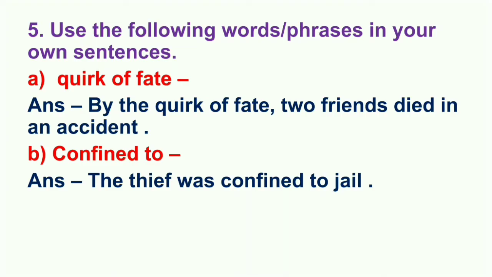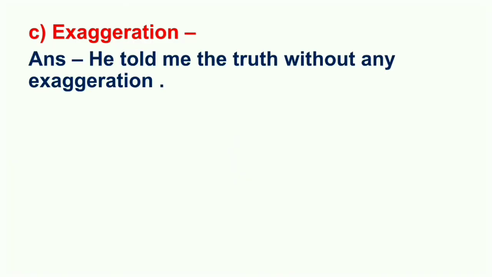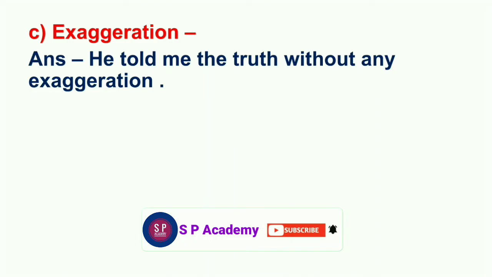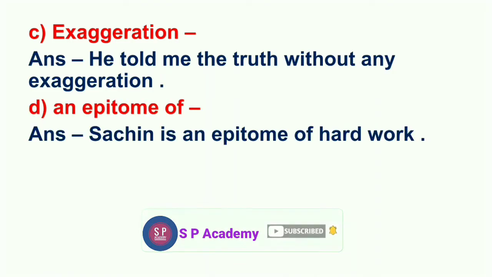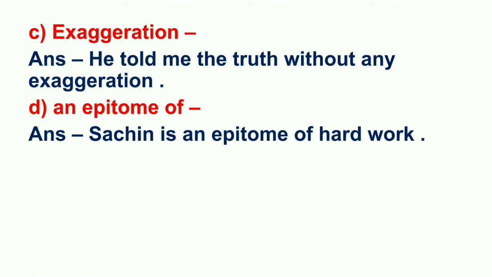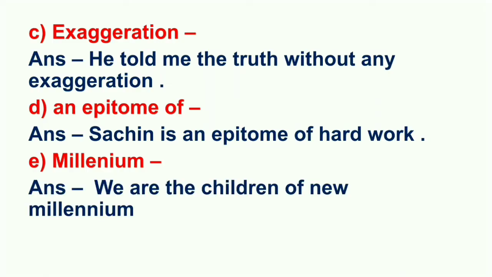Answer. The thief was confined to jail. C. Exaggeration. Answer. He told me the truth without any exaggeration. D. An epitome of. Answer. Sachin is an epitome of hard work. E. Millennium. We are the children of the new millennium.